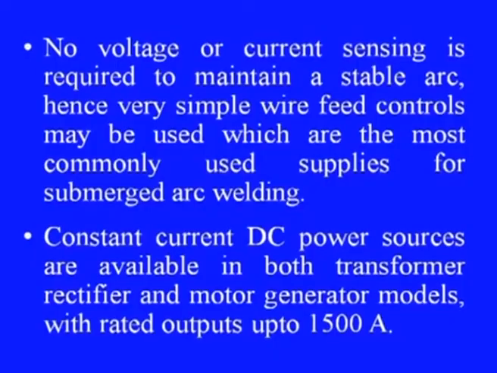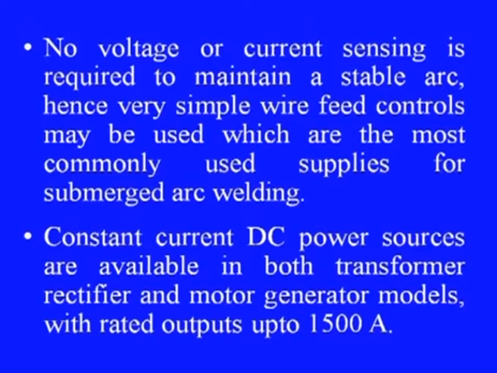A constant voltage power supply is self-regulating, so that it can be used with a constant speed wire feeder. No voltage or current sensing is required to maintain a stable arc. Hence, very simple wire feed controls may be used, which are the most commonly used supplies for submerged arc welding.